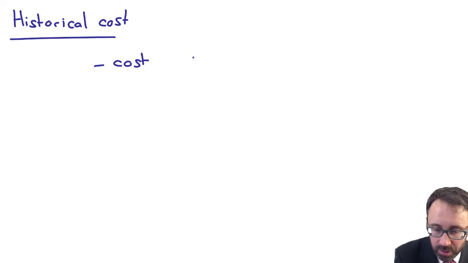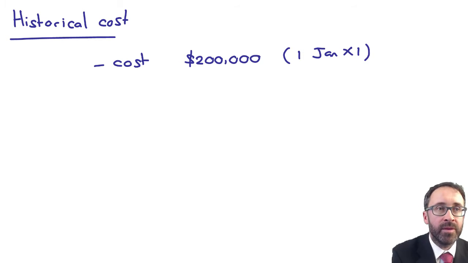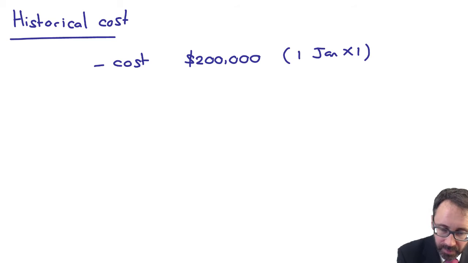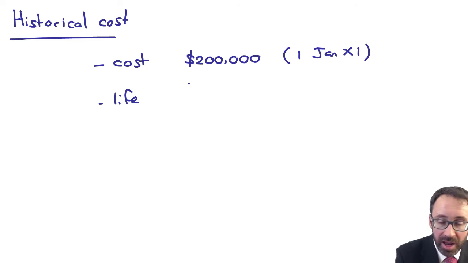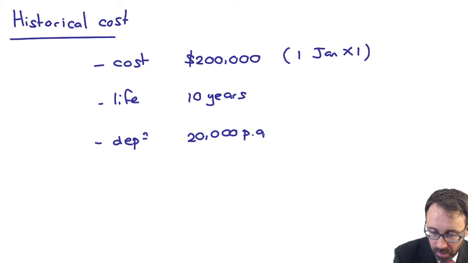So you've got your asset, it cost $200,000, and that was there on the 1st of January X1. So that is its historic cost. The life, let's just say, is 10 years. That then means that the depreciation is $20,000 per annum.